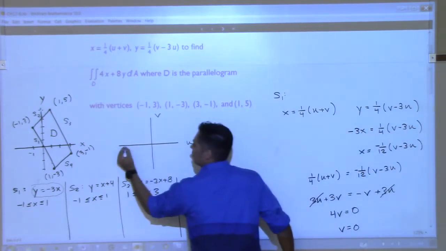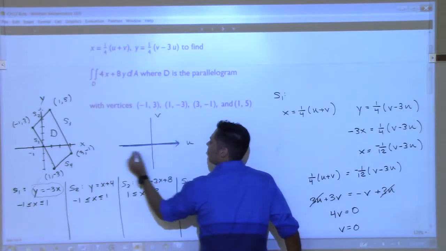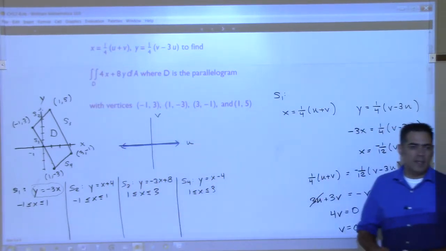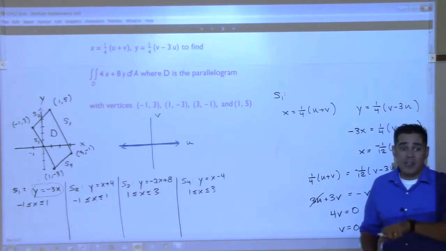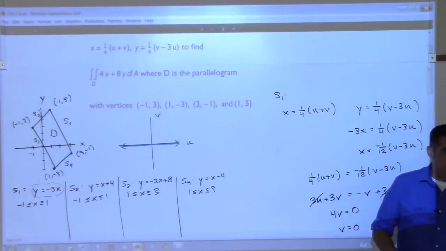So this right here, that line segment is the transformation of S1, isn't it? That's the transformation of S1.